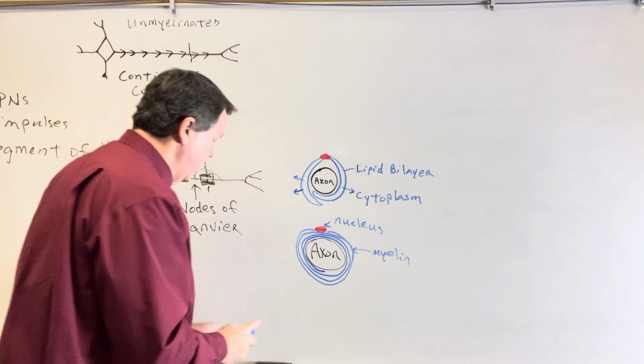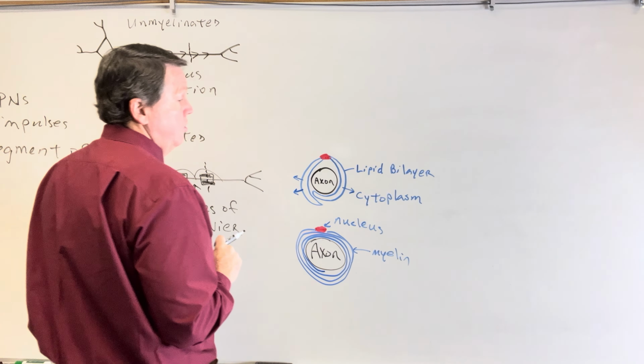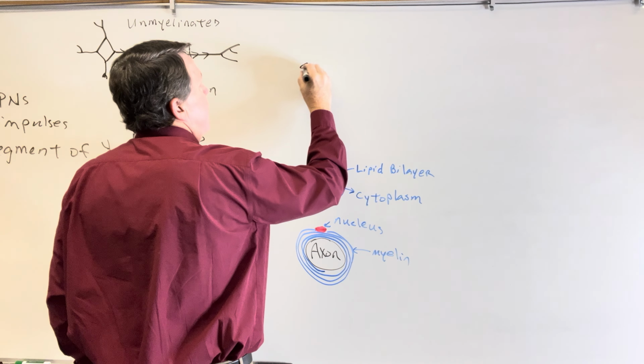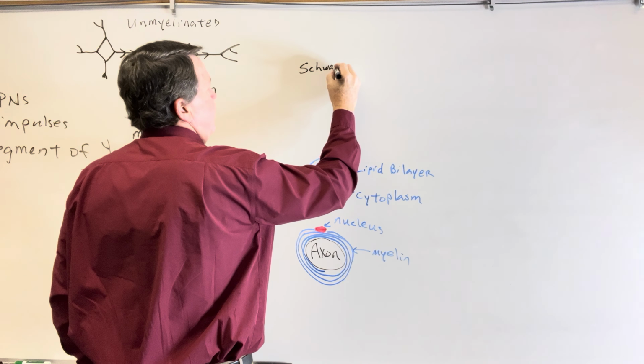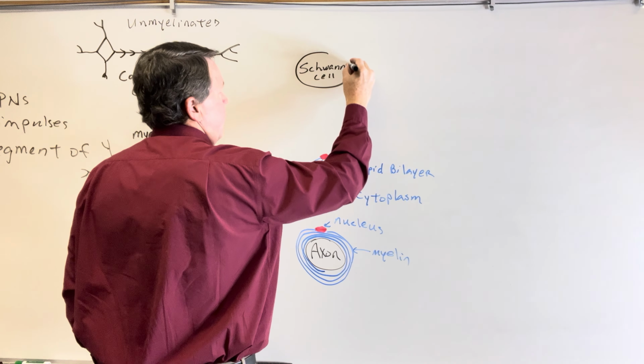So let's go ahead and take a look at an unmyelinated axon, because the Schwann cell is still going to play a role in this. Okay, so here I'm going to draw my Schwann cell, and it's going to be like this, right?